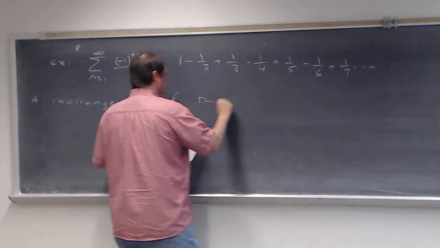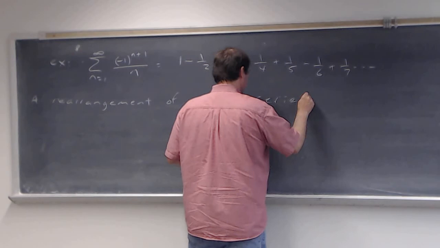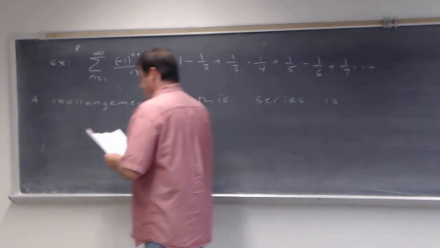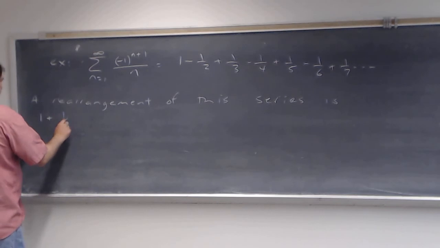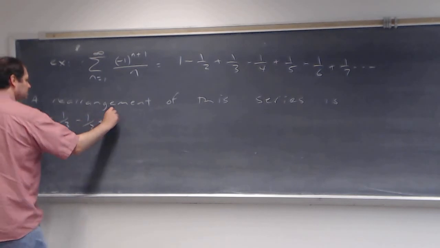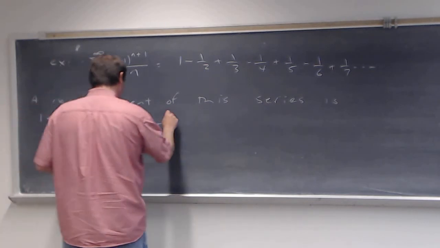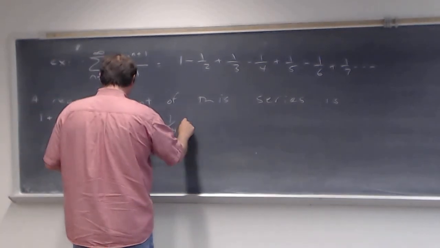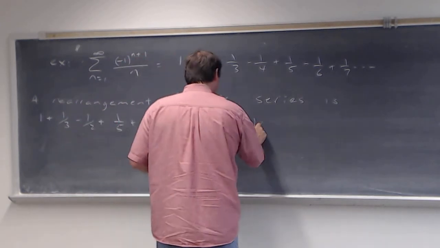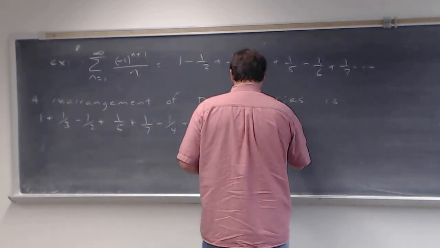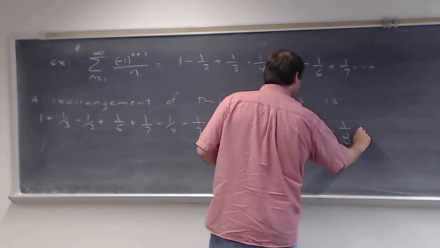And a rearrangement of this series is 1 plus 1/3 minus 1/2 plus 1/5 plus 1/7 minus 1/4 plus 1/9 plus 1/11 minus 1/6 plus 1/13 plus 1/15 minus 1/8, and continue on.